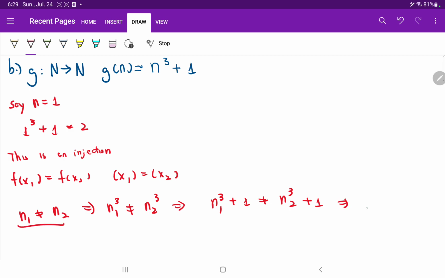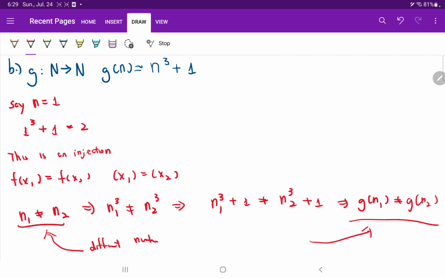Then this implies that g(n1) is not equal to g(n2). And this satisfies our definition, because we assumed that we have two natural numbers that are not equal to each other, and in the end we proved that different inputs give us different outputs, which is the definition of injective.